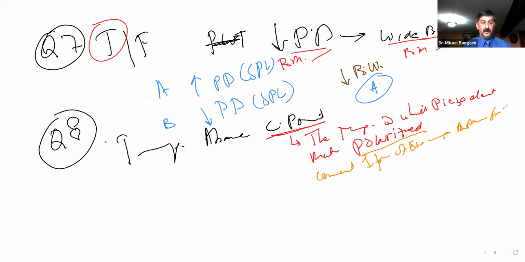Or if you don't like to say it that way either, you can say it causes it to create a piezoelectric effect.